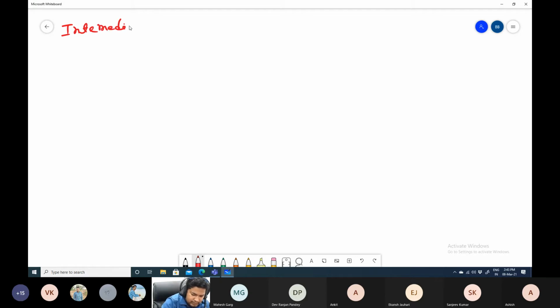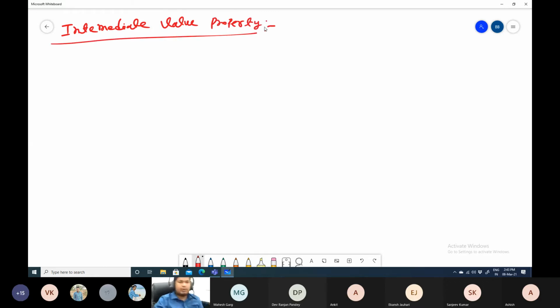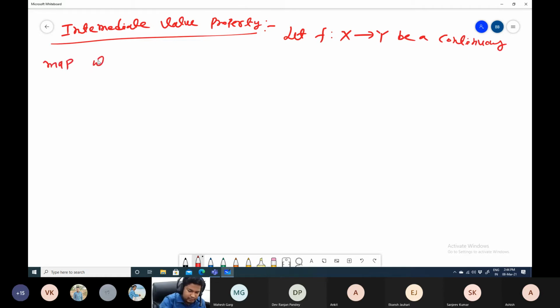Okay, the intermediate value property. Now what is that? It says, let f: X to Y be a continuous map, where X is connected and Y has the order topology.